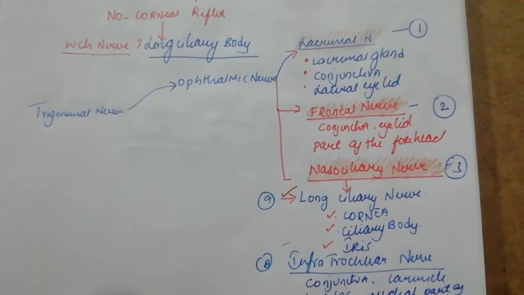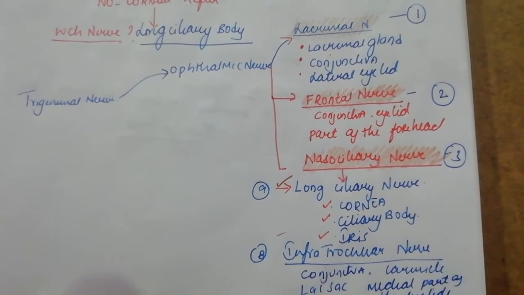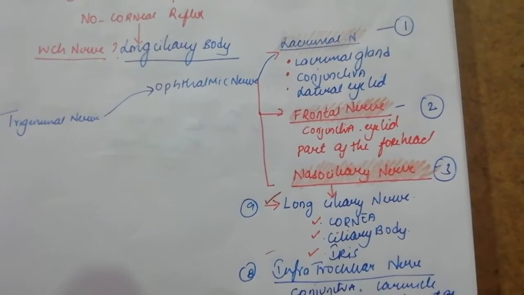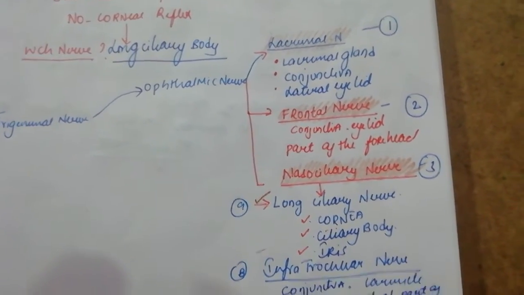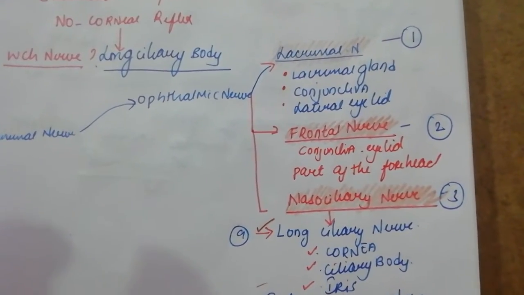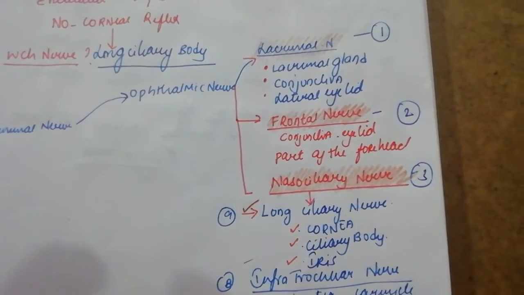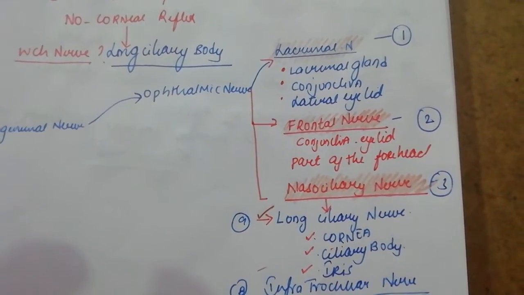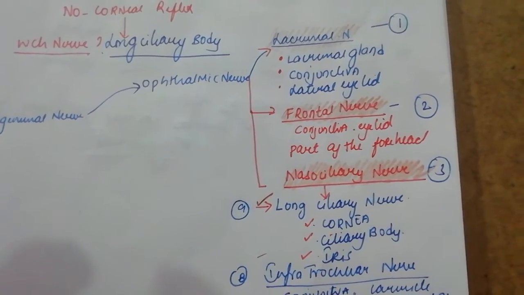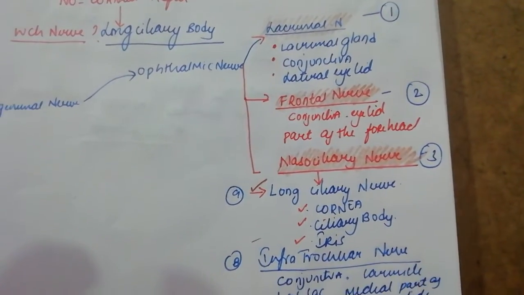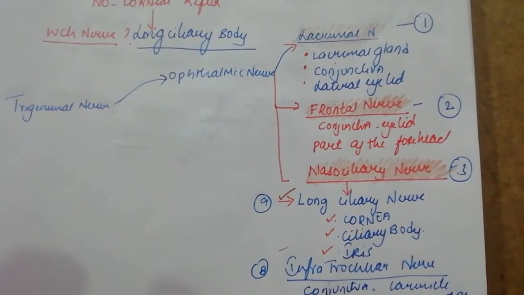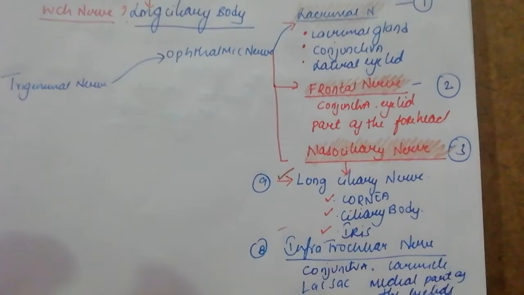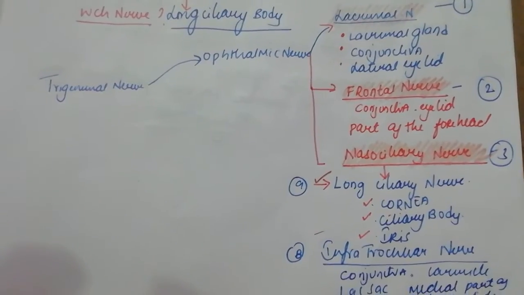The trigeminal nerve is divided into the ophthalmic, mandibular and maxillary nerves. The ophthalmic division is divided into three branches. The lacrimal nerve carries sensory supply from the lacrimal gland, conjunctiva and lateral eyelid. The frontal nerve carries sensation from the conjunctiva, eyelid and part of the forehead. And you even have the nasociliary nerve.